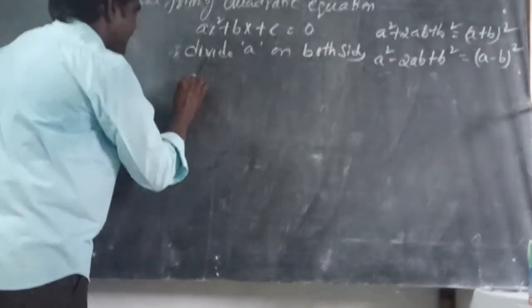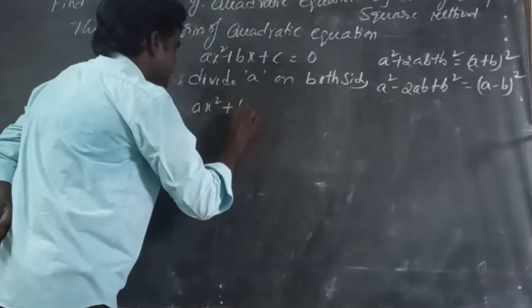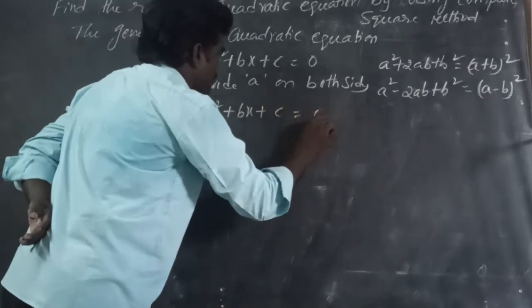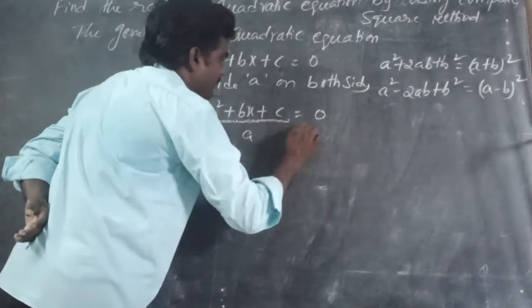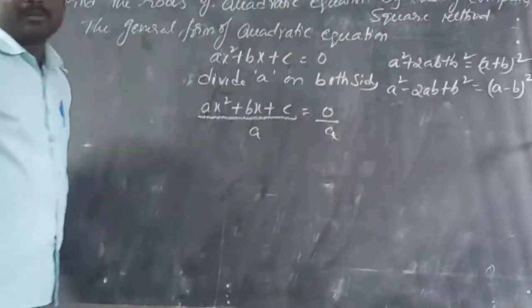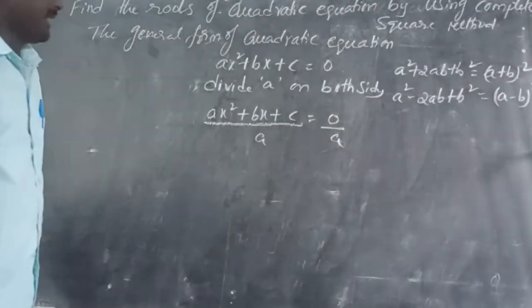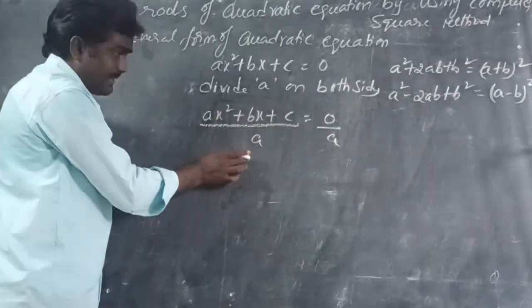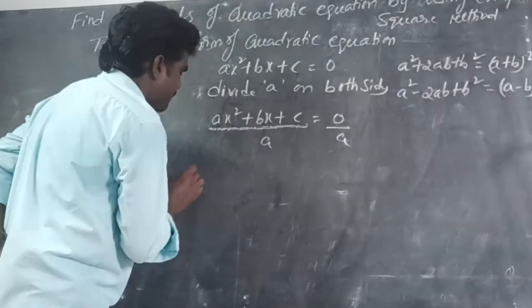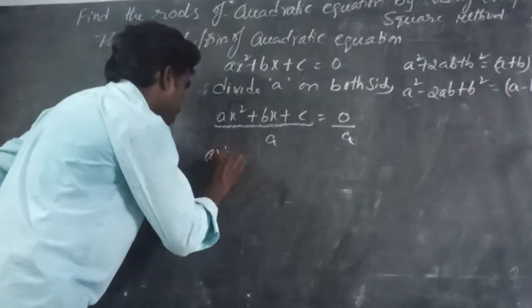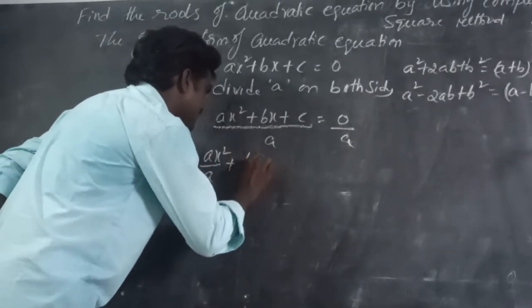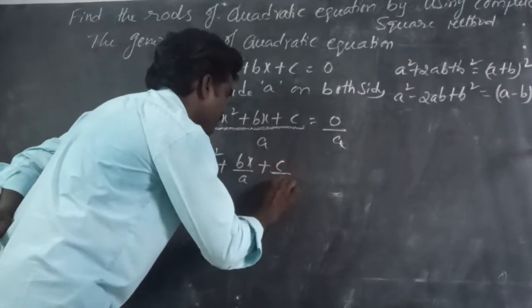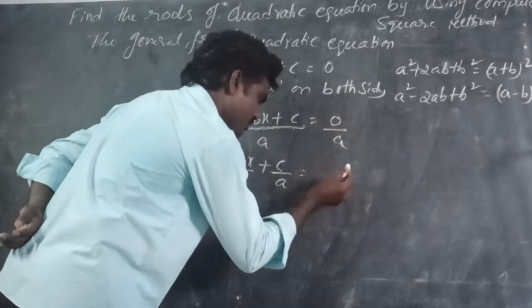That is, ax square plus bx plus c is equal to 0 by a. For these three terms, what is the common denominator? a. So you can write separate denominators: ax square by a plus bx by a plus c by a is equal to 0 by a, which is 0.